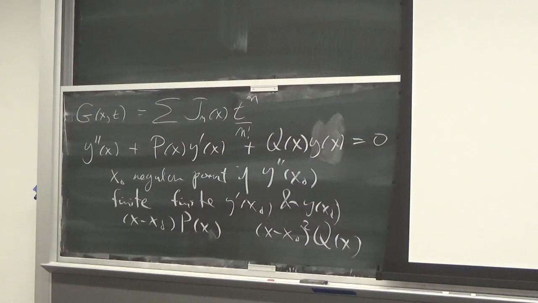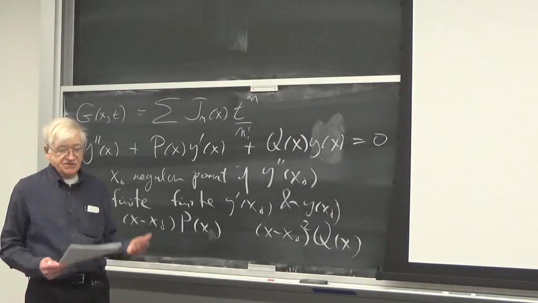So these are basically the definitions of regular point and regular singular point, or non-essential singular point. The other case is an irregular singular point or an essential singularity.